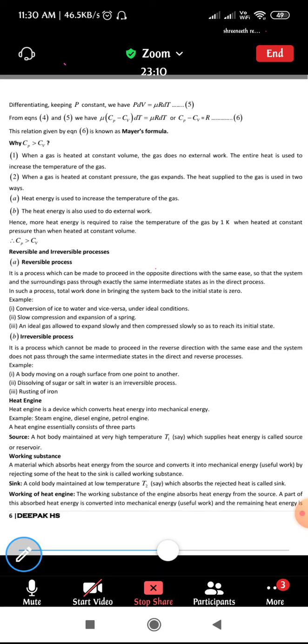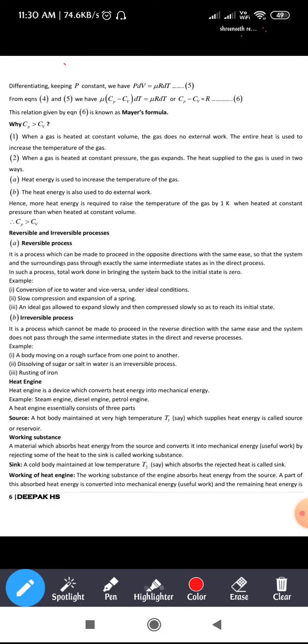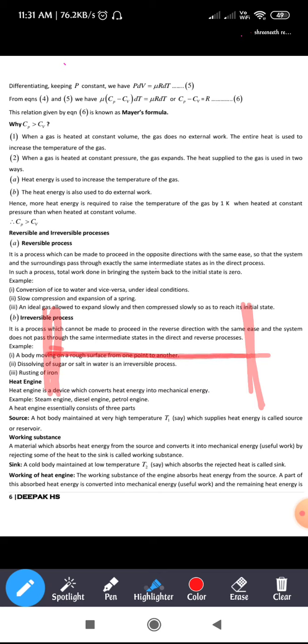The direct process is nothing but here. I'll just show you here itself. Let us say that the system is undergoing changes from this point to this point under certain conditions. Then the system is brought back to its initial state, from this point to this point.